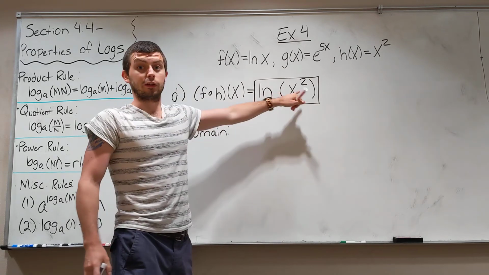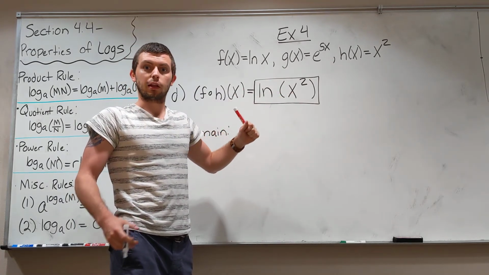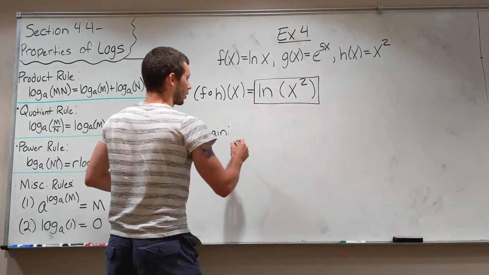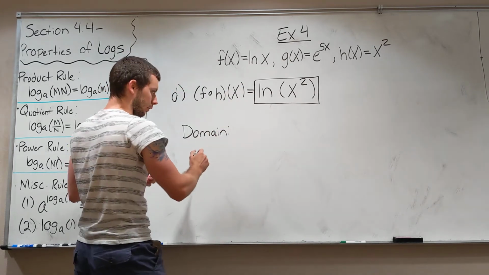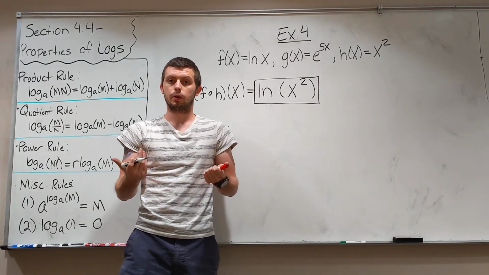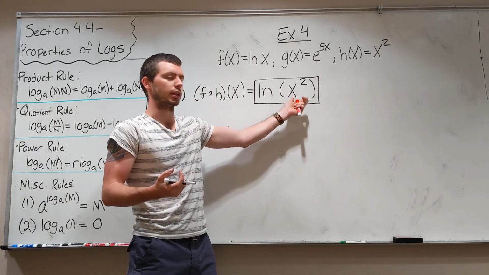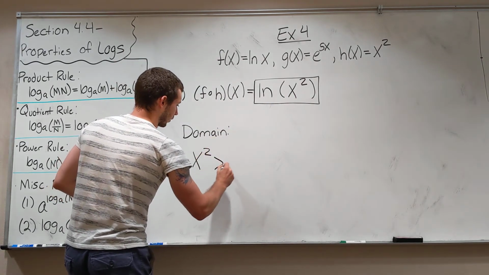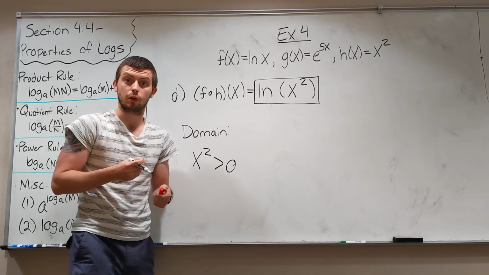So this isn't just ln of x, this is ln of x squared, which means we need to consider whatever's in the parentheses. So remember, the domain of a logarithm in general is you take whatever the logarithm's evaluating, you set that strictly greater than 0, and you solve for x.